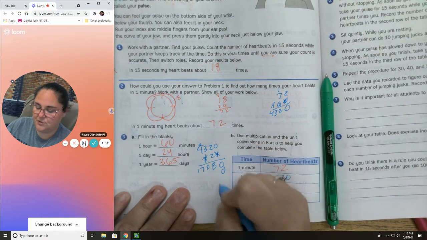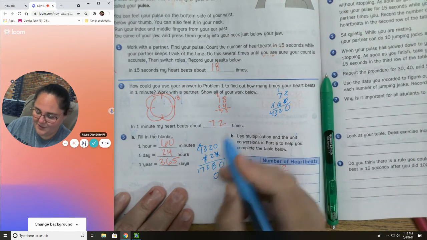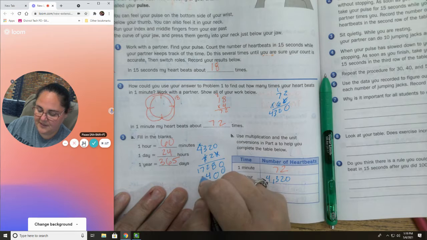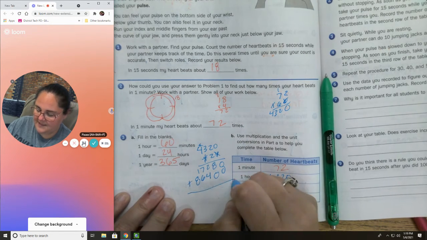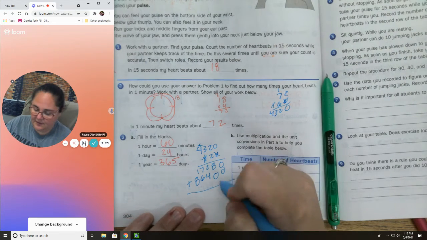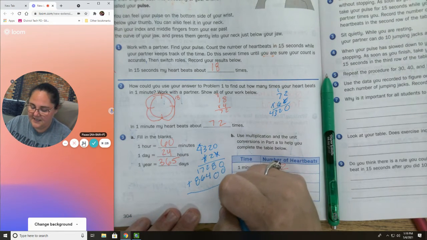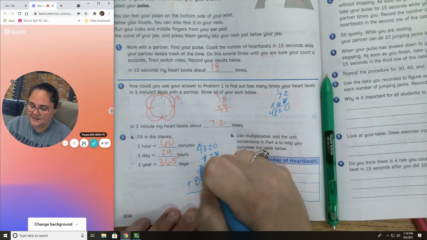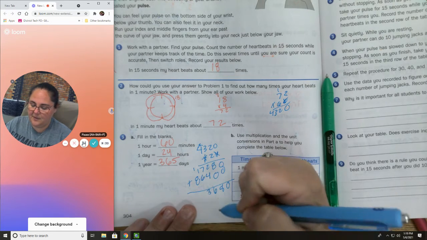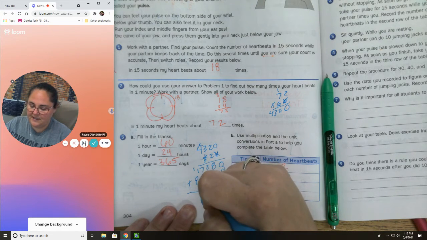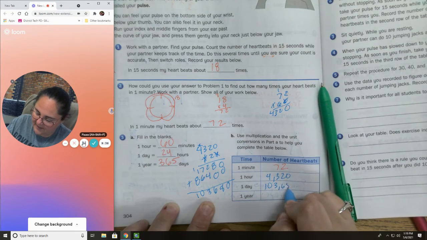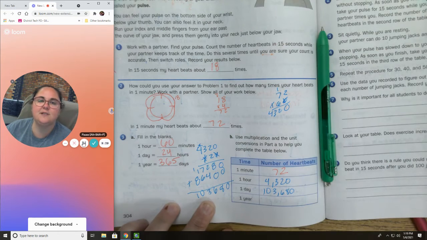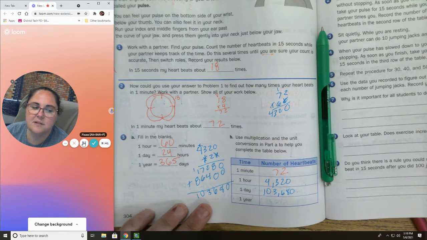X's and O's. 2 times 0. 2 times 2. 2 times 3. And 2 times 4. All right. Add them together. 0 plus 0 is 0. 0 plus 8 is 8. 2 plus 4 is 6. 7 plus 6 is 13. Carry my 1. 8 plus 1 is 10. All right. 103,680. It's a lot of heartbeats in a day.